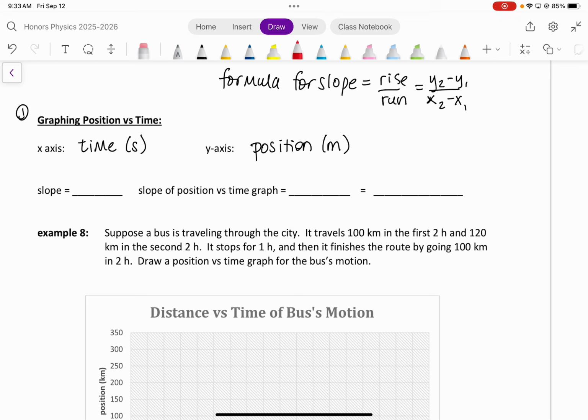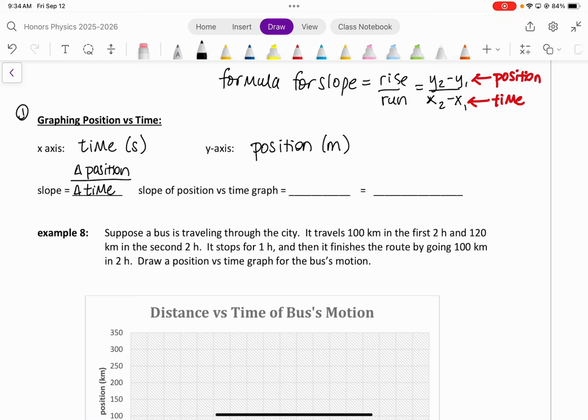Well, guess what? Instead of just y, now we're going to have position, and instead of just x, we're going to have time. So the slope of a position versus time graph is going to be change in position over change in time, because I'm going to be graphing position on my y-axis and time on my x-axis.